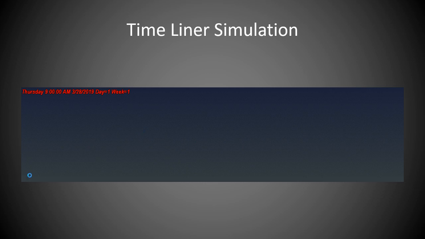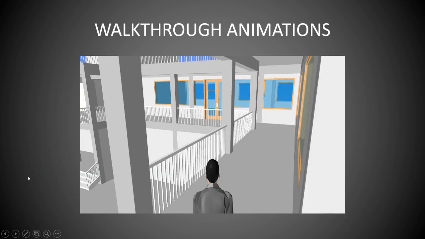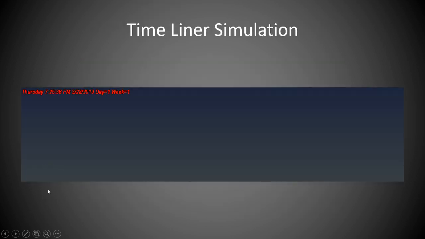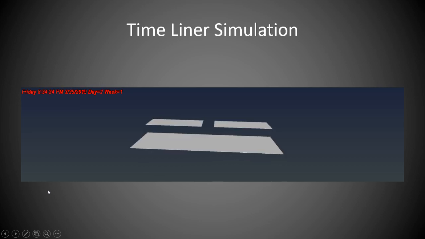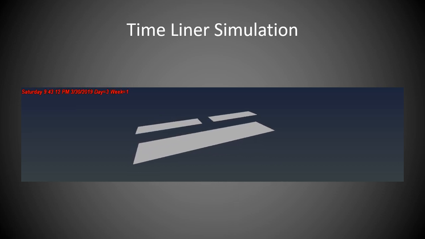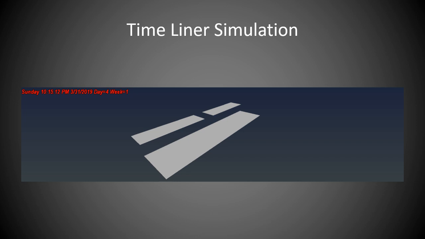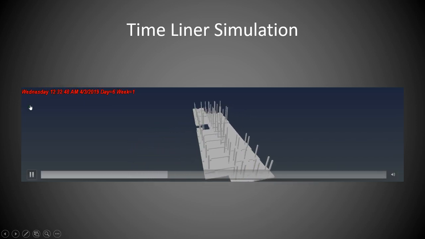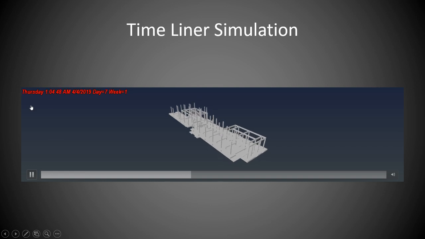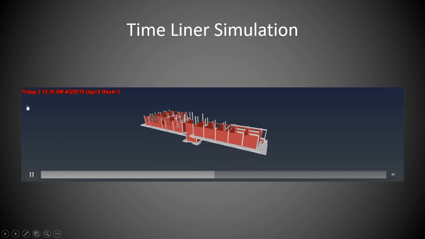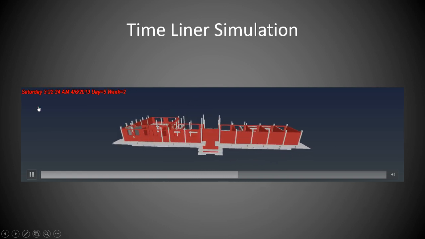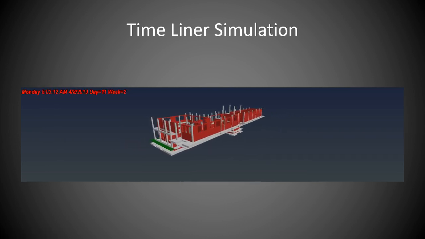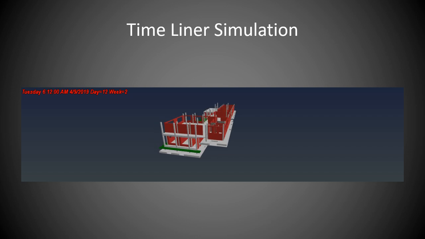I will run this timeline of simulation for you. Now here you can clearly see the time, and the second panel is showing us every set that appears as we proceed through time.